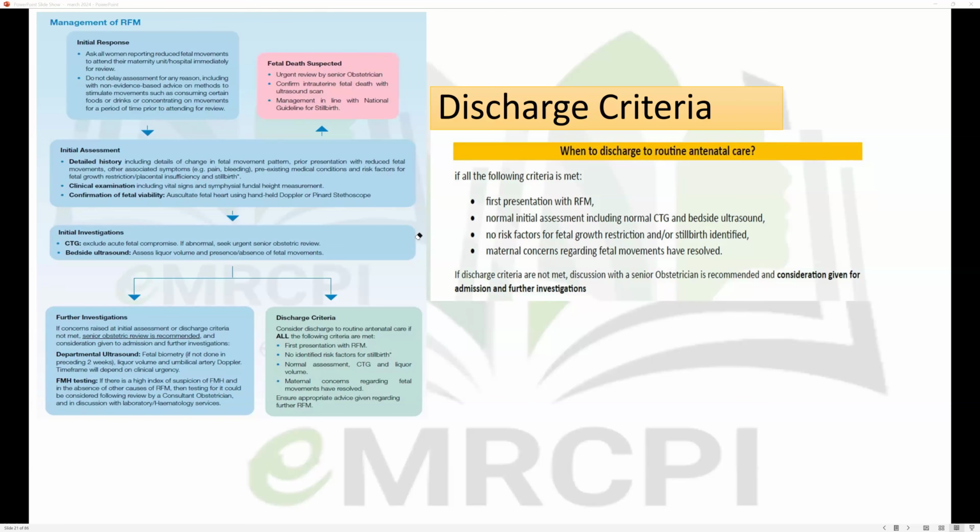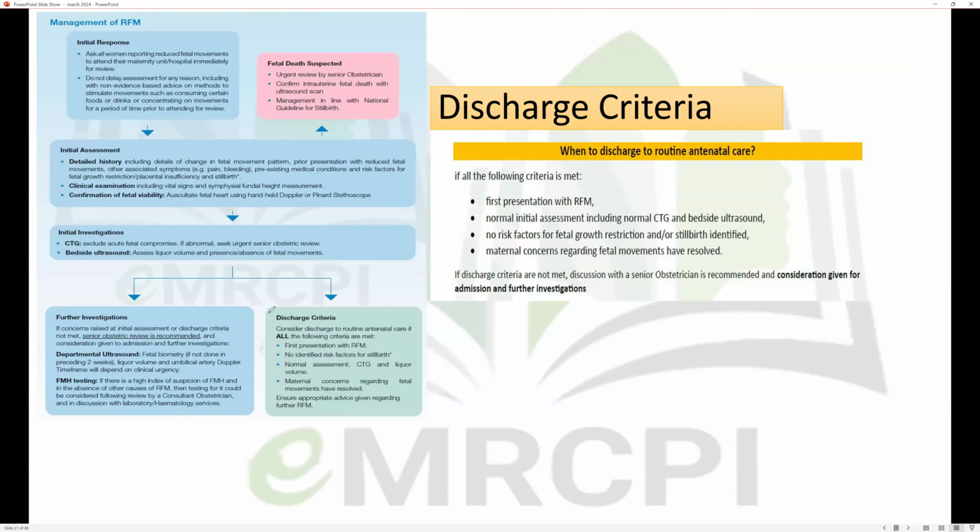Clear? So in this case, the patient had a normal CTG, she had a normal bedside ultrasound, and the patient started perceiving the fetal movement. Now, this is meeting what? Meeting the discharge criteria written in the algorithm.